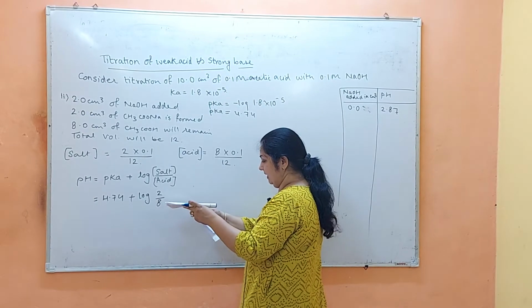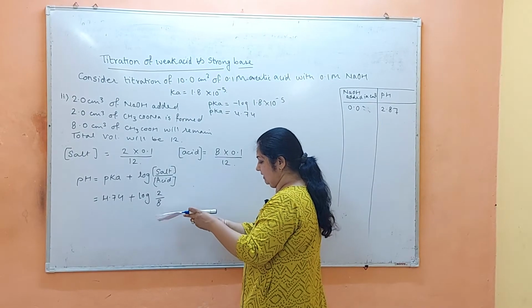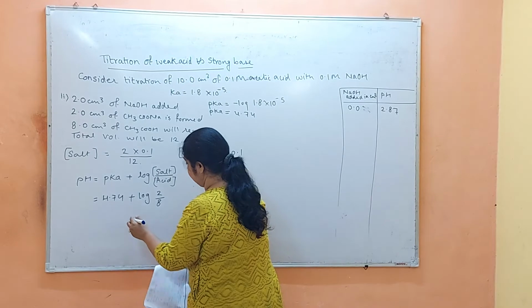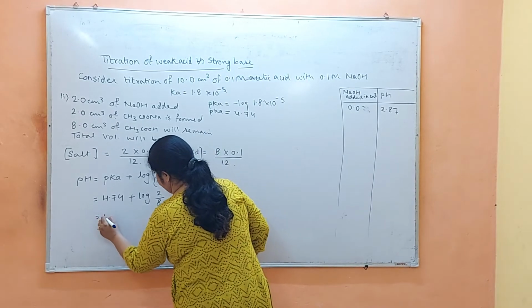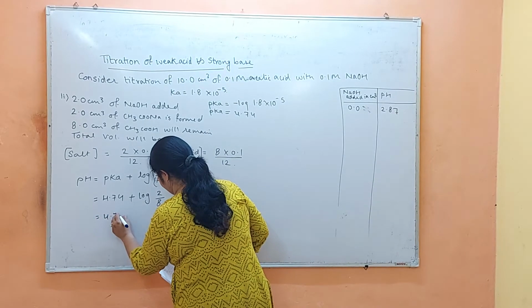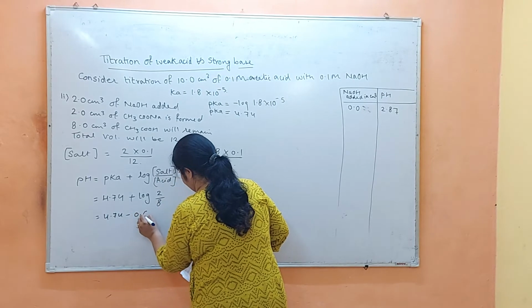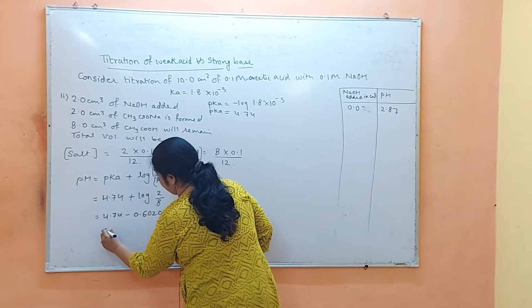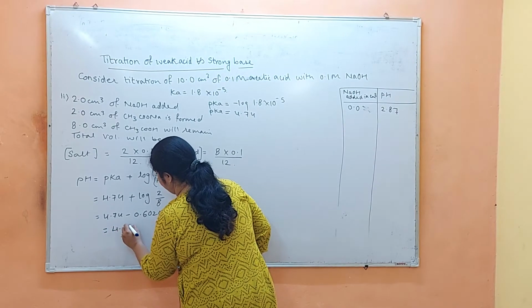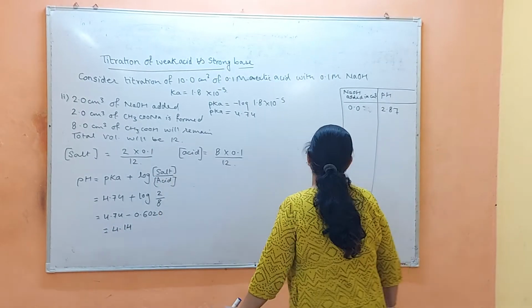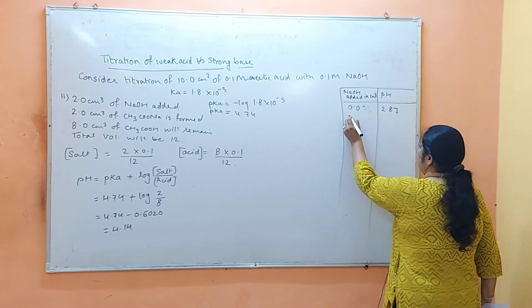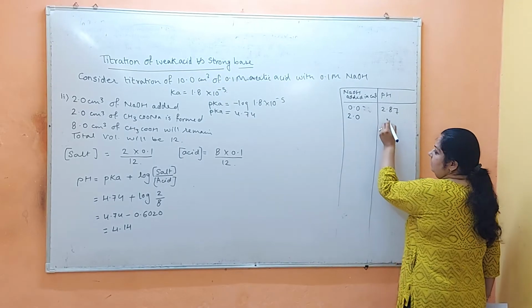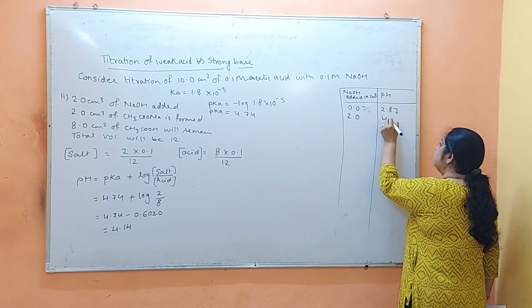So log 2 by 8, if you consider, it is 0.6020. So your answer comes out to be 4.14. So when you add 2 cm cube, the pH will be 4.14.